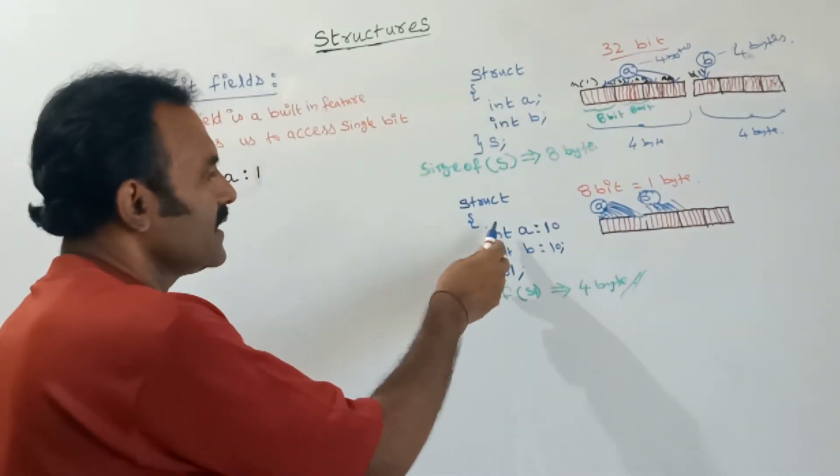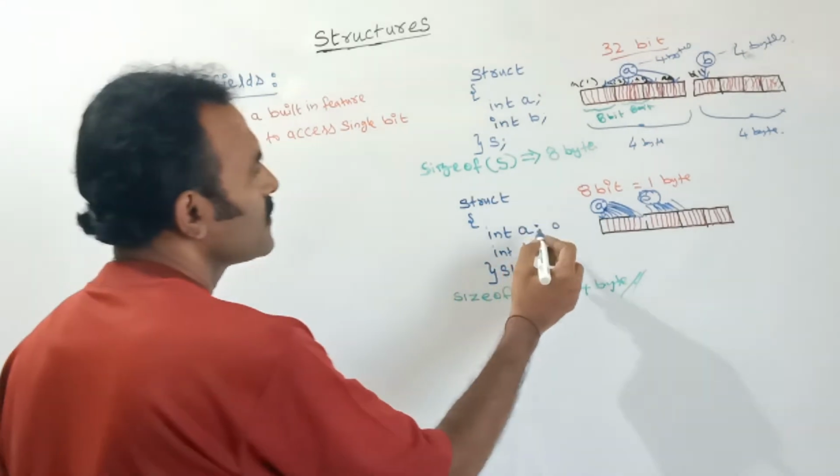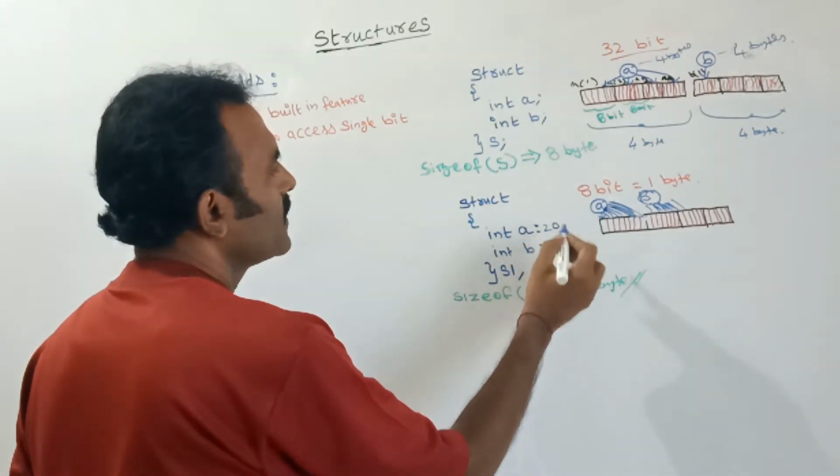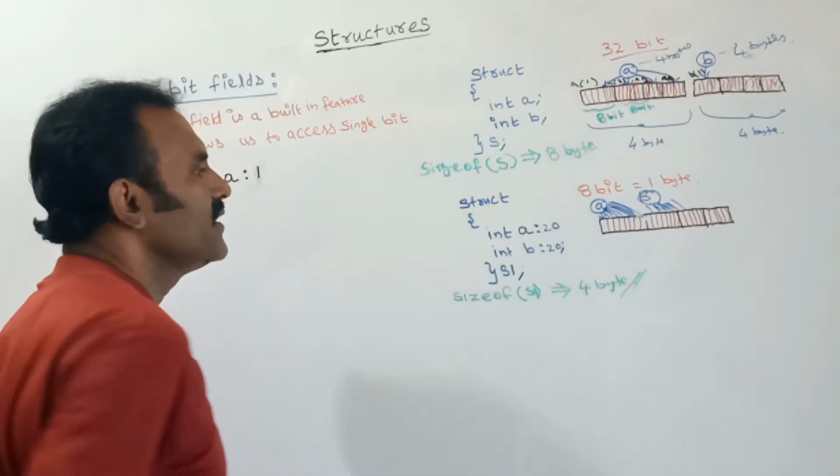See, for example, suppose I am storing A is equal to 20, next B also 20, totally 40 bits.